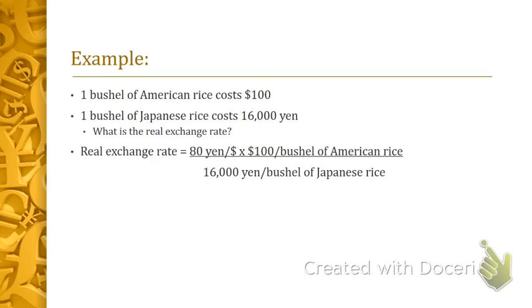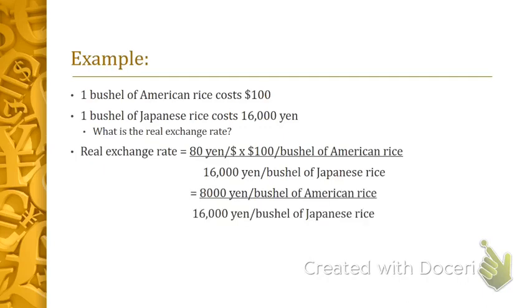You multiply all that out and cancel the like units, and you're going to end up with 8,000 yen per bushel of American rice over 16,000 yen per bushel of Japanese rice. Simplifying, that's a half bushel of Japanese rice per bushel of American rice.